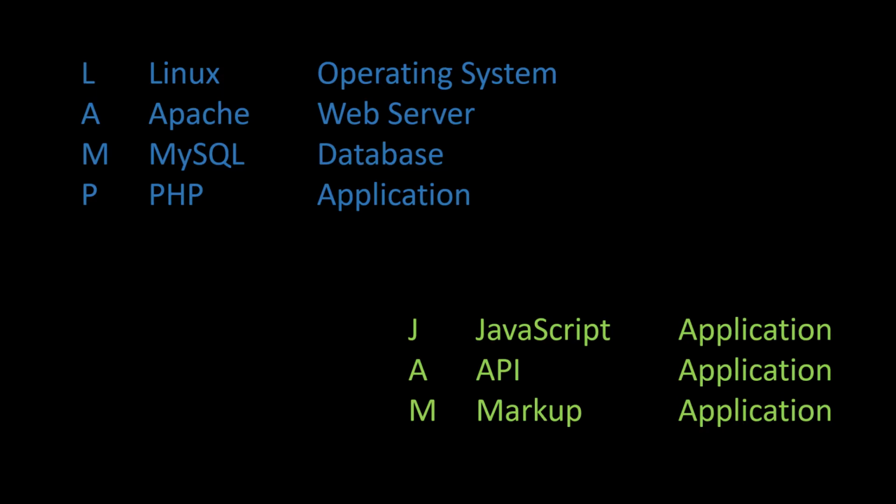For example, if you take a look at the key components of these stacks, in LAMP we have Linux, which is an operating system, Apache, which refers to the original Apache HTTPD web server, MySQL, which is the database, and PHP, finally the application. For JAMstack, we have JavaScript, API, and Markup, which are all logical constructs around the application.